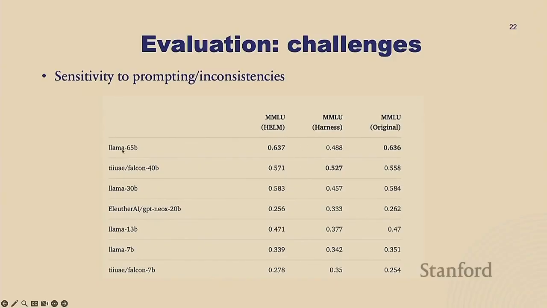For example, Llama 65B, which was the first model of Meta in the Llama series, had 63.7 accuracy on HELM, but on this other benchmark had like 48.8.